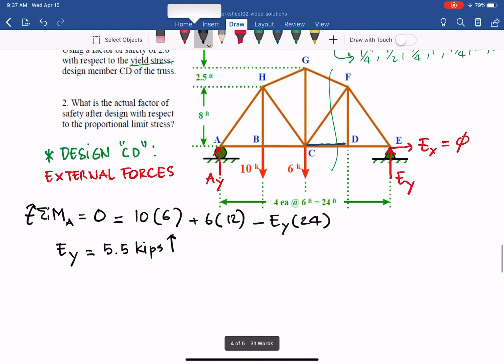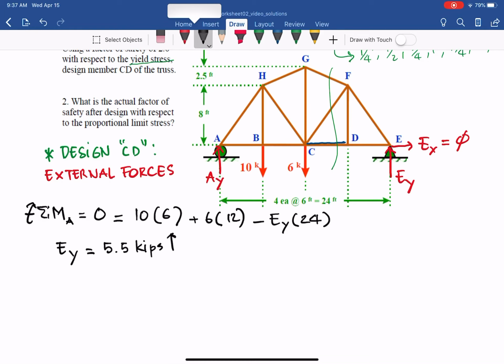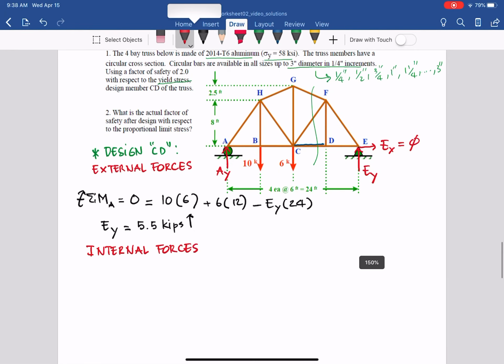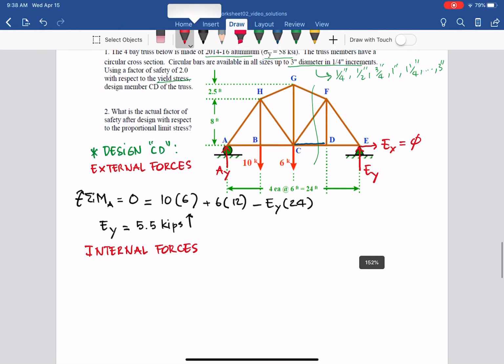To determine stress, we need to find the internal forces. That is the second step. For those of you who forget, go back to lesson 1. So, internal forces: do the section cut and consider the right segment.